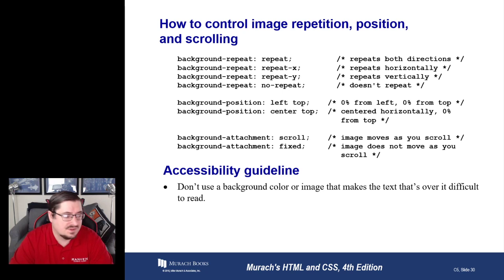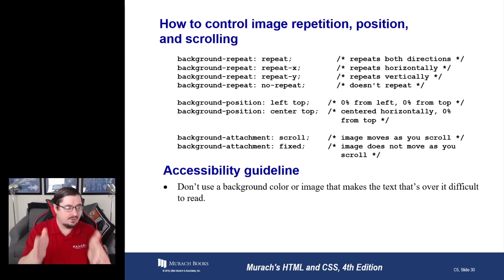Background position says where it should be relative to the element that's in there. So for instance, I could say background position left top. So horizontally it would be on the left and then on the top. That's usually the default placement for your backgrounds. If you don't specify a position, it'll be the top left. And then if I wanted to maybe center it horizontally, I could say background position center top.